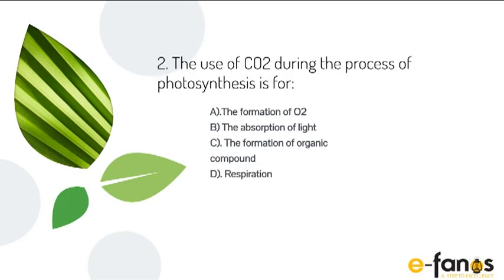Question 2. The use of CO2 during the process of photosynthesis is for A, the formation of O2, B, the absorption of light, C, the formation of organic compound, or D, respiration. And the correct answer is C, the formation of organic compound. Question 3.